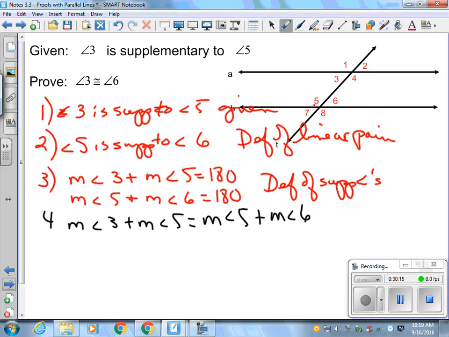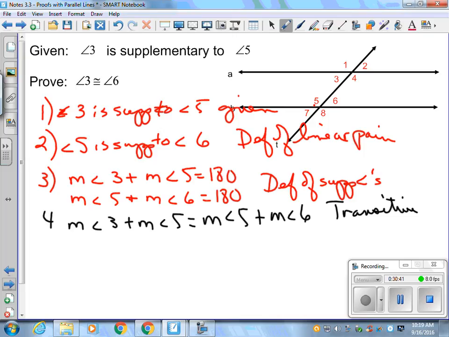But since we're trying to focus on transitive, I'm going to put transitive, because that's really what I wanted you to use. But the transitive is just a special substitution. That's all transitive is. It's a special substitution rule, and once you take the first equation, you take out the 180, and you put in the second equation's part for that. That's what transitive is. It's just a special substitution.